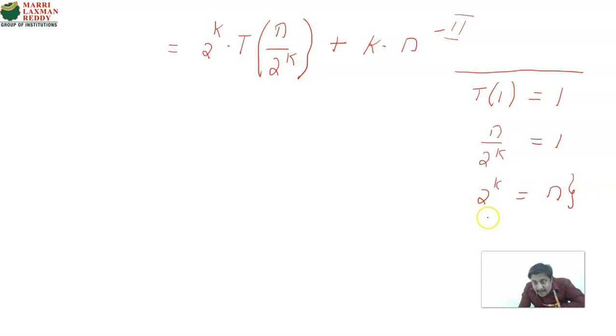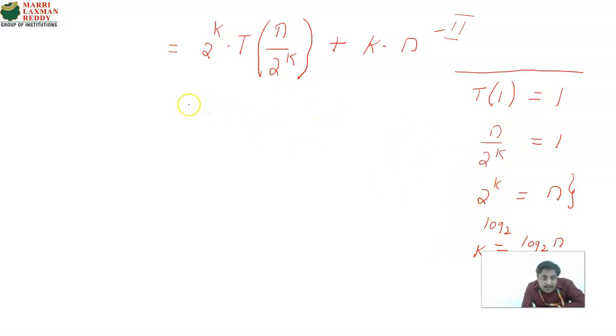Applying log of base 2 to both sides, we get k = log n to base 2.